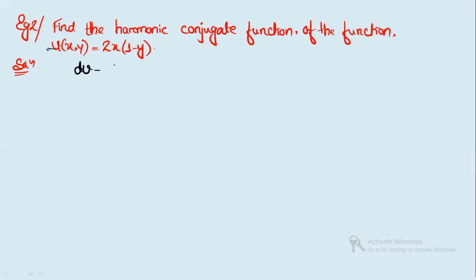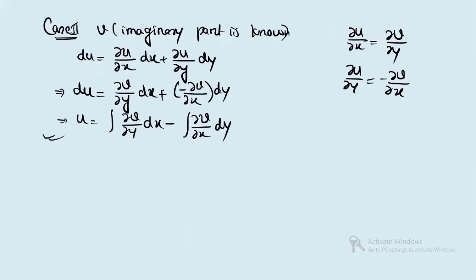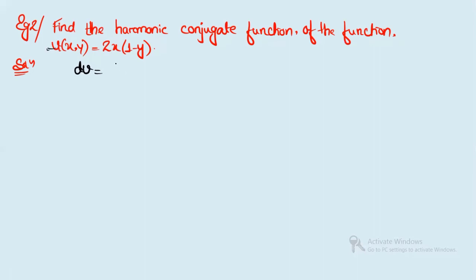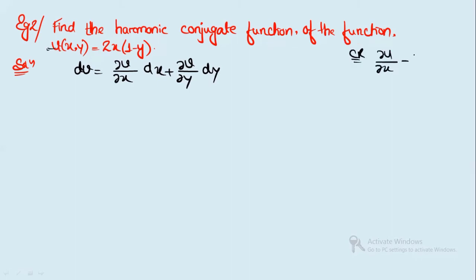So first we will write dv equals what? We will do again what we have done in the methods. So dv = ∂v/∂x dx + ∂v/∂y dy. The Cauchy-Riemann conditions were ∂u/∂x = ∂v/∂y and ∂u/∂y = -∂v/∂x.